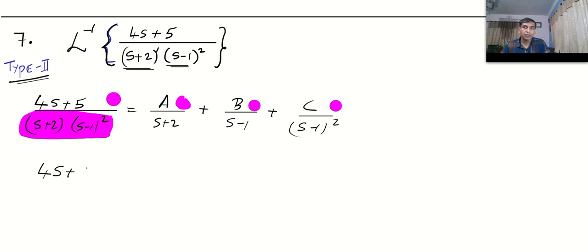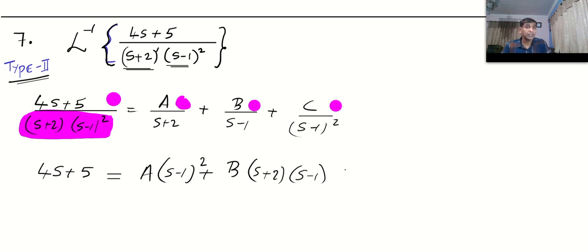You get the numerator. Now what happens if you multiply this by s plus 2 times s minus 1 the whole square, plus b multiplied by s plus 2 s minus 1, because one s minus 1 will get cancelled, plus c multiplied by s plus 2.